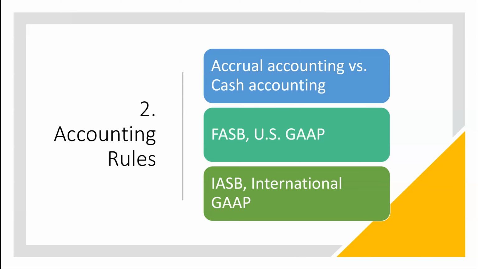Some would argue that some of the rules are not great. That's for another video, another time. But we just need to understand that accounting is based on rules. Those rules are dependent largely on where you live in the world. And so we have two different sets. We have the American standards, which are the FASB standards, and we have the rest of the world, which is IASB, or international standards.